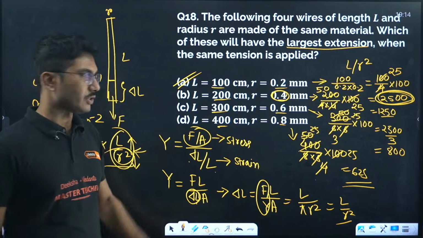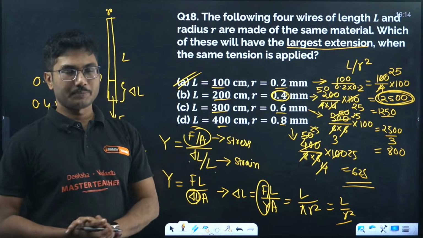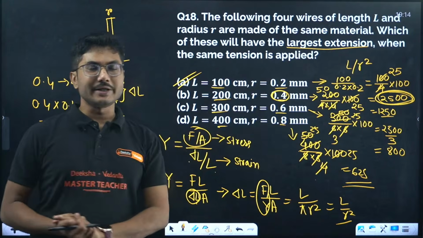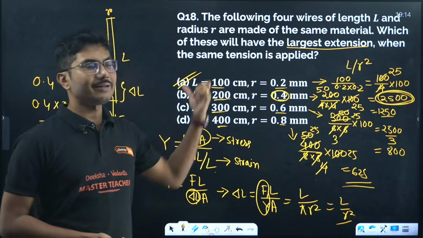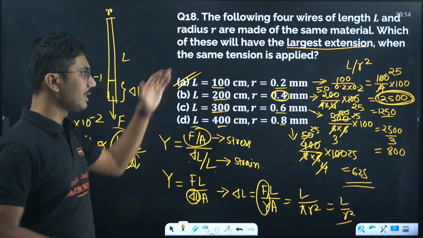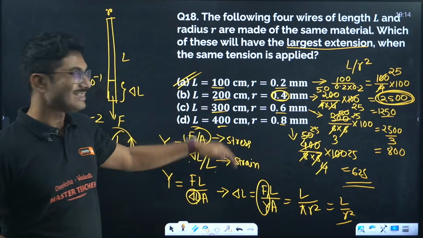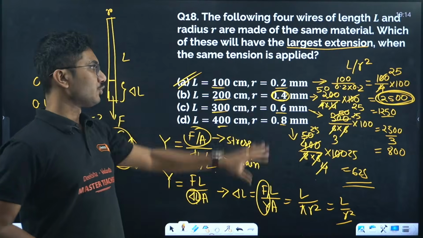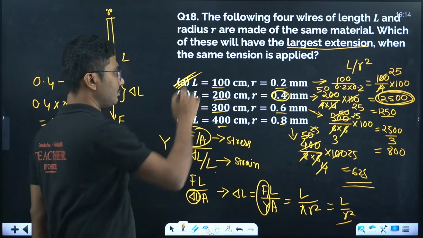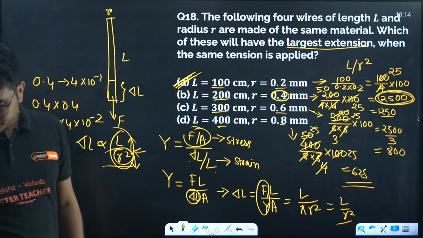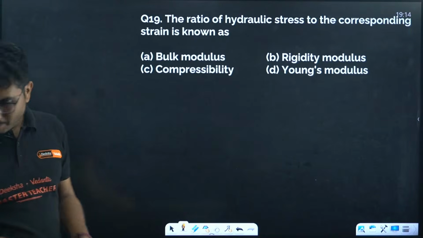If a combination of length and radius is given, then you have to check which one has the highest length and smallest radius. But here length is increasing and radius is also increasing, so the smaller the radius, the higher the elongation. So option A is correct. Next question.